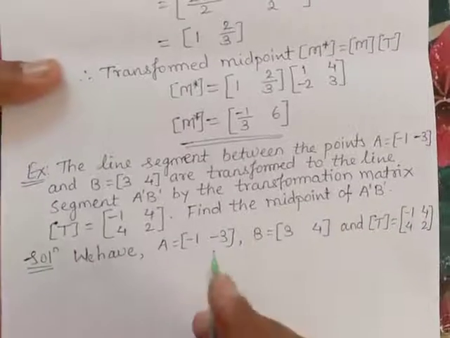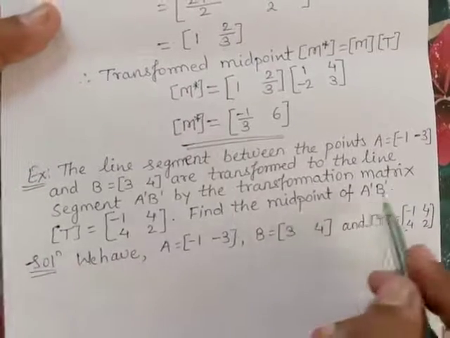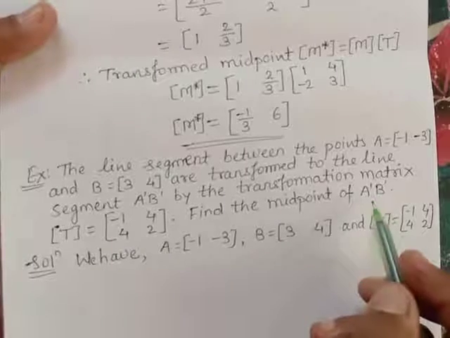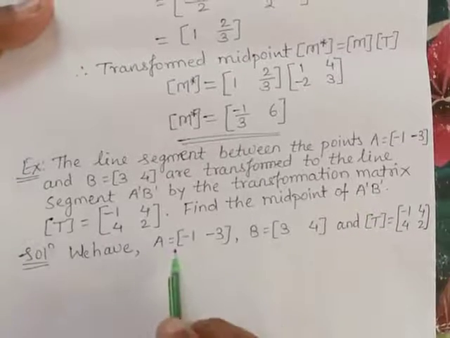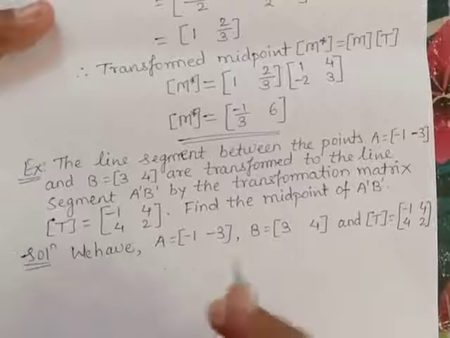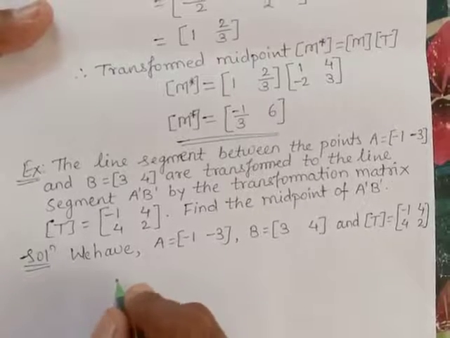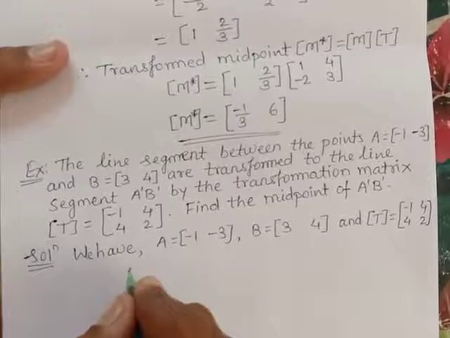First of all, to find the midpoint of this transformed line, as we have A and B, simply find the midpoint of AB.